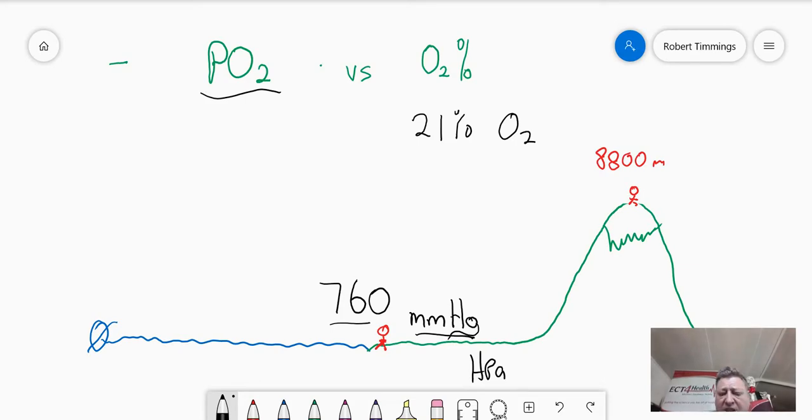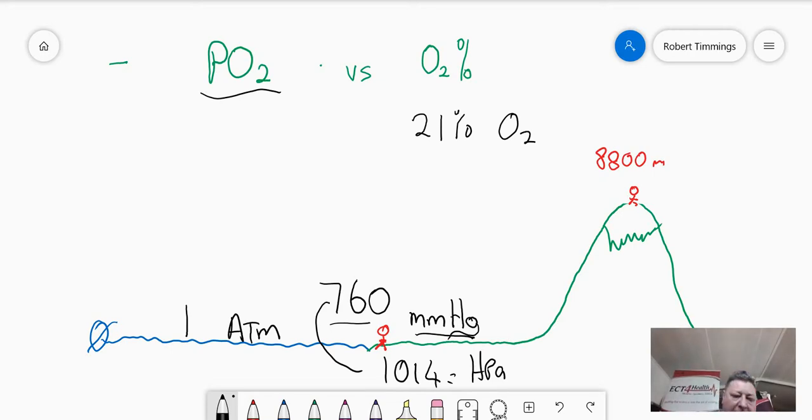So the equivalent 760 millimeters of mercury, if you converted that into hectopascals, that's around about, memory serves me right, about 1,014 hectopascals. Together, all of these are also called 1 atmosphere. In other words, sea level is considered to be 1 atmosphere of pressure.